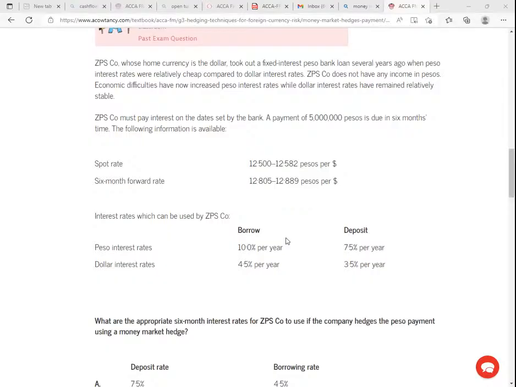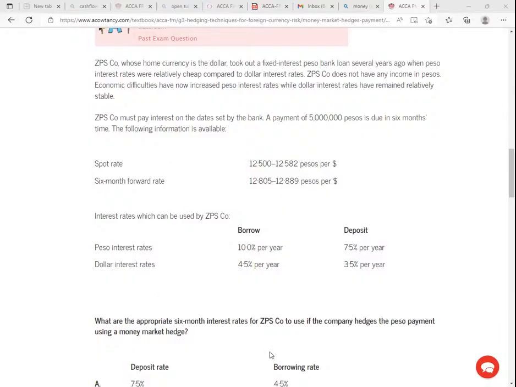Here for the spot rate, remember in money markets you always make use of the spot rate. Now, in the spot rate, we have both. Which one should I put there? Should I put 12.50 or 12.582 pesos per dollar? Which one should I put in between those two?